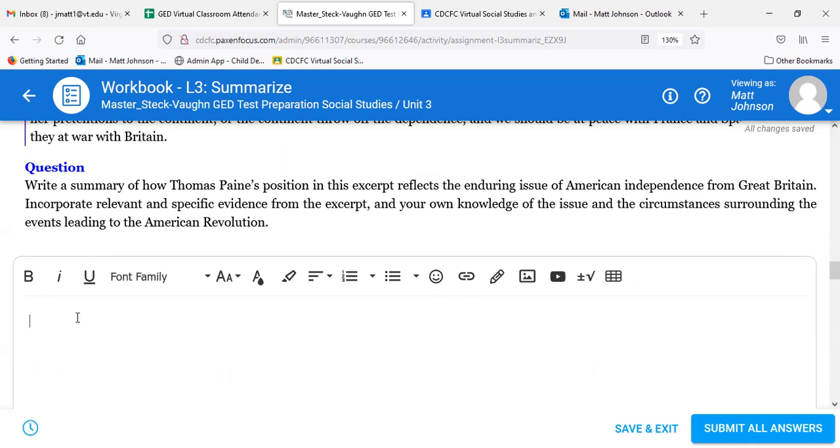So we'll say Thomas Paine argues that the connection between the colonies and Britain is only in the interest of Great Britain.